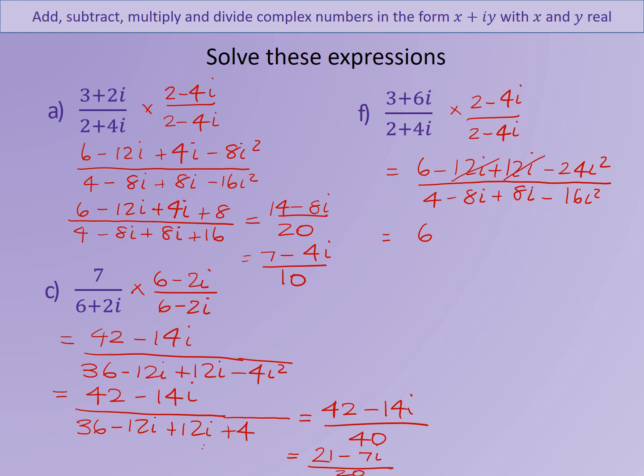I'm going to cancel out these here, so that leaves us with 6 minus 24 times minus 1 and 4 minus 16 times minus 1, which is 30 over 20, which is 3 over 2.